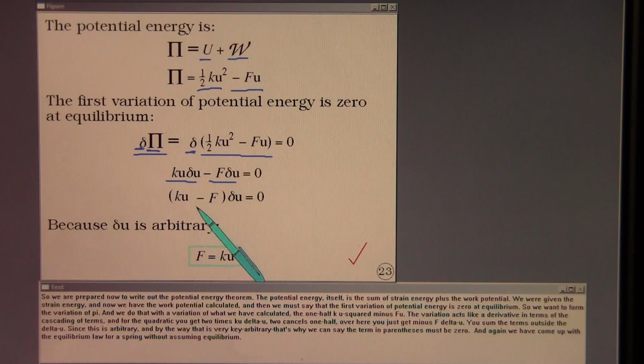You sum the terms outside the delta u. Since this is arbitrary, and by the way, that is very key, arbitrary, that's why we can say that the term in parentheses here must be 0. And again, we have come up with the equilibrium law for a spring without assuming equilibrium.